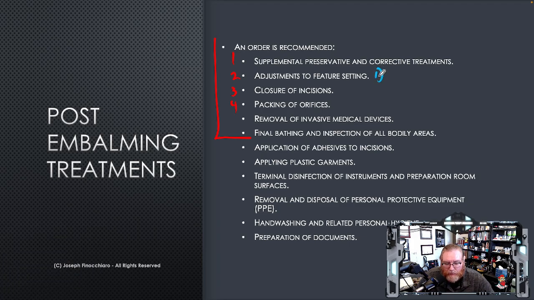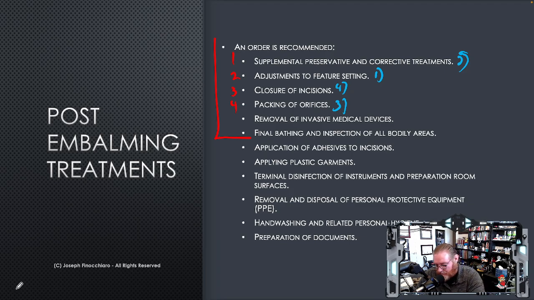So my number one would be looking at my face, looking at my hands, and seeing if there's anything I need to do there, especially the face. Then after that, I would do my corrective treatments. Then I would pack my orifices, and then I would probably close my incisions. Those are things that are perfectly variable that suit my embalming style.